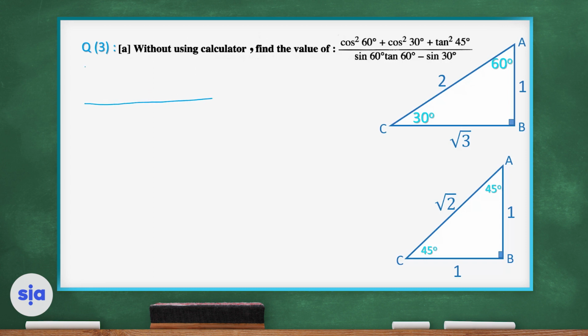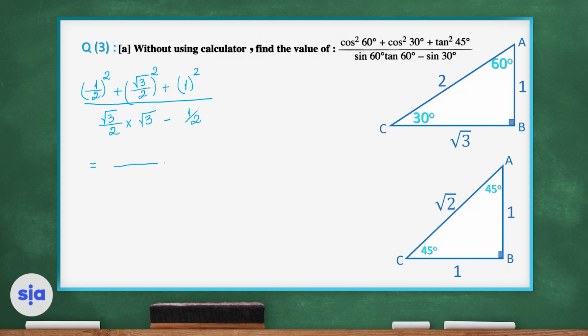Here's our fraction. Cosine 60 is half, so it's half squared, plus cosine 30 is square root of 3 over 2, all squared, because the question says cosine squared 30 plus tan squared 45, which is 1 squared, because tan 45 is 1, over sine 60, which is square root of 3 over 2, times tan 60, which is square root of 3, minus sine 30, which is half.